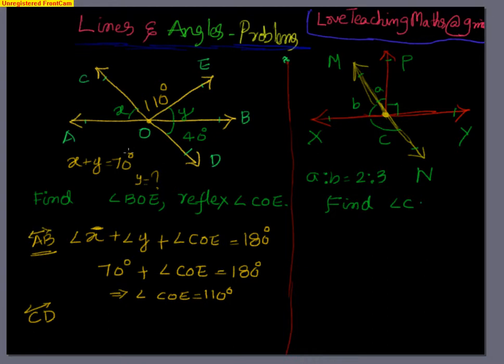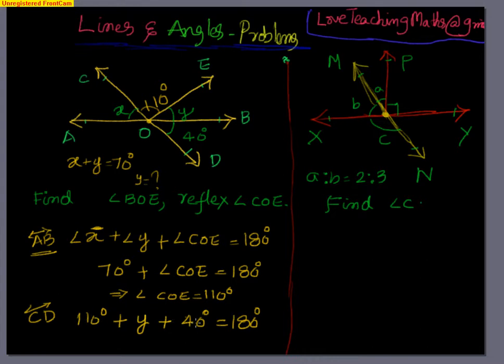Again the same principle: non-common sides are straight, so the total angle should be 180 degrees. So 110 degrees plus angle EOB, which is y, plus angle BOD, which is 40 degrees, is equal to 180 degrees.